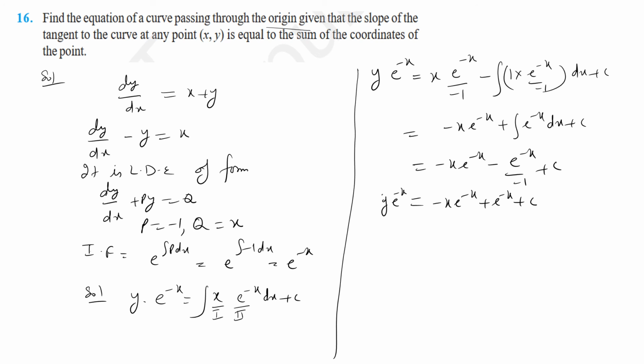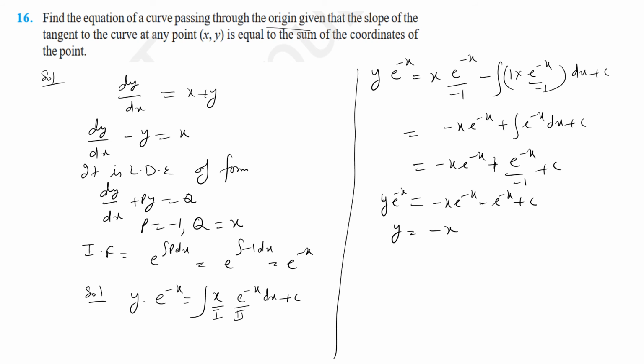So y is equal to, we are going to divide by e raised to power minus x. Okay, and it becomes minus x, and then, as this sign was plus, it is minus here, so just check it carefully.